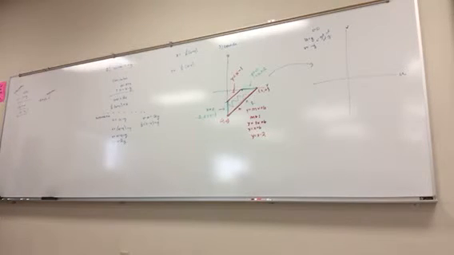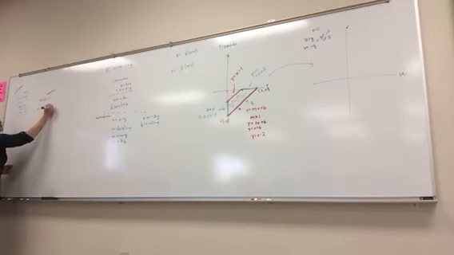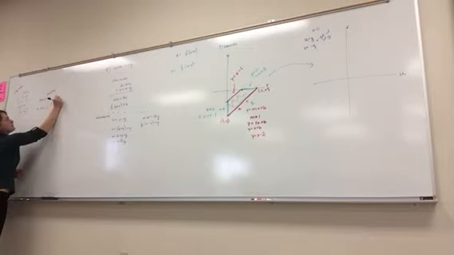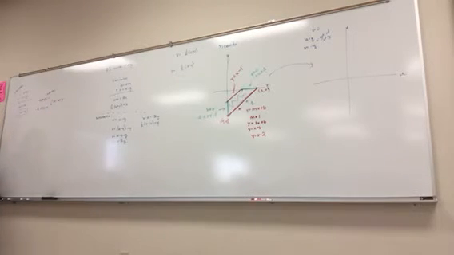If y is between negative 2 and negative 1, what is u going to be between? Well, I have u is equal to y, right? So I'd have u in between the same ones.